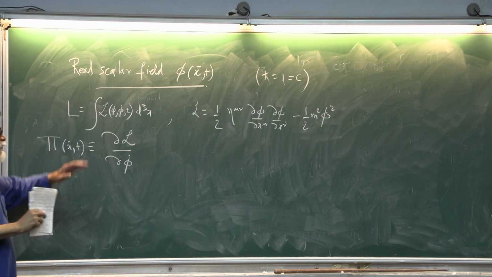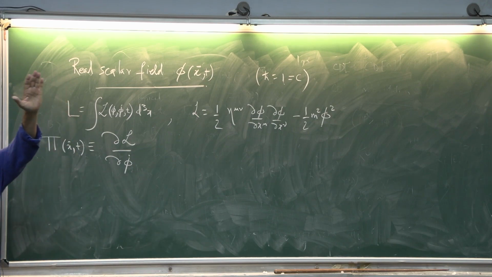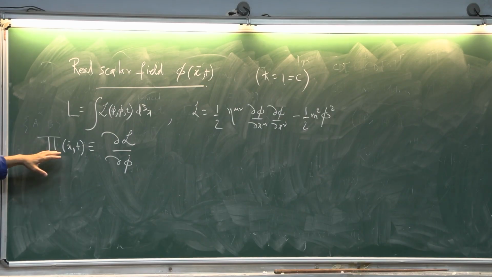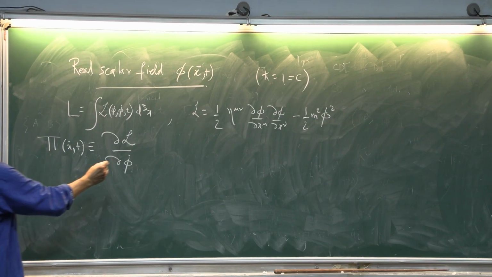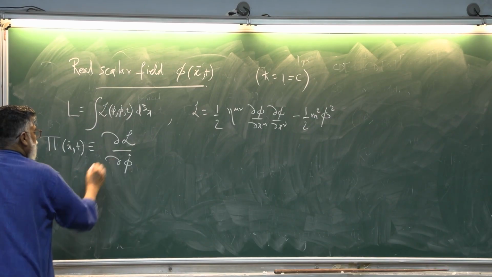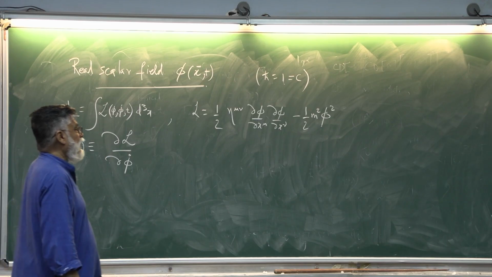Just like in the case of few degrees of freedom, the canonical momentum P is del L by del x dot, here it will be the Lagrangian density differentiated with respect to phi dot. That will be the canonical momentum density. Phi dot meaning derivative with respect to time. So let's see what that is.